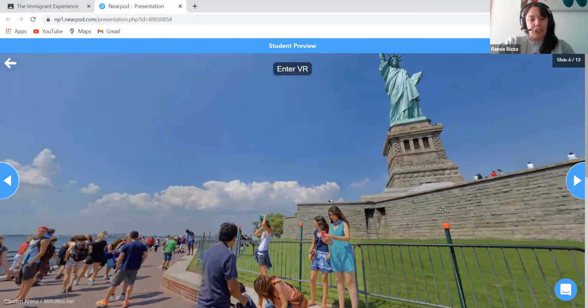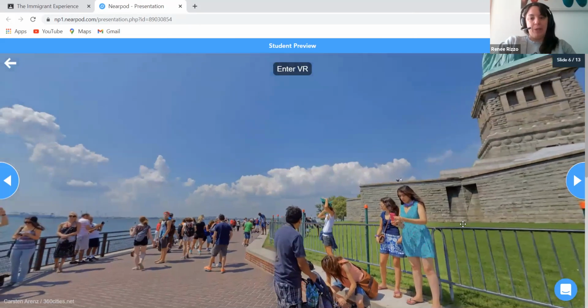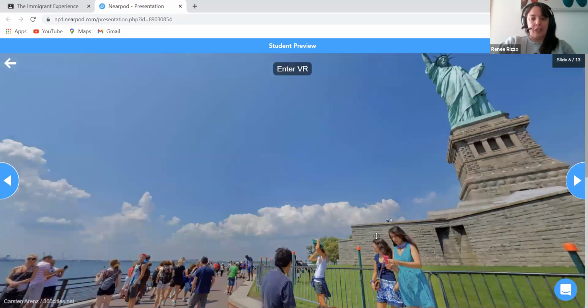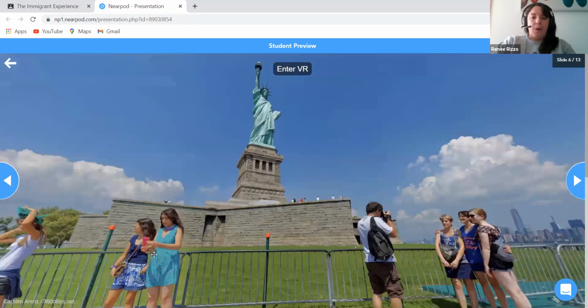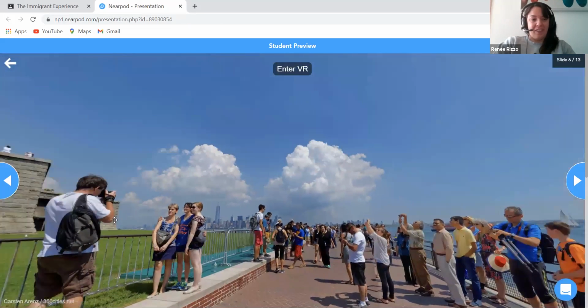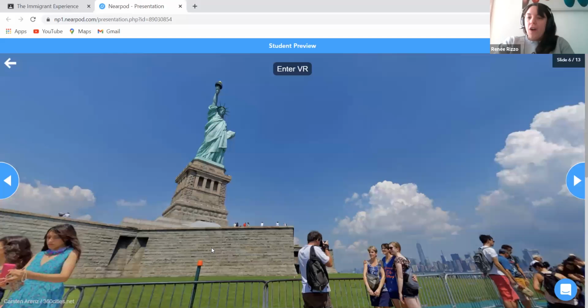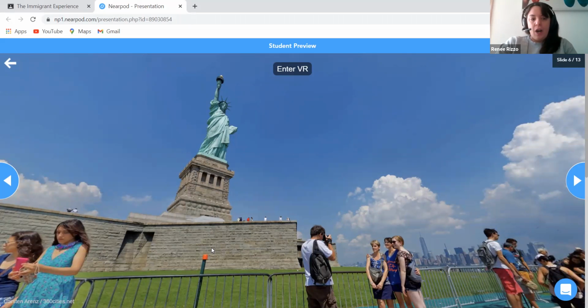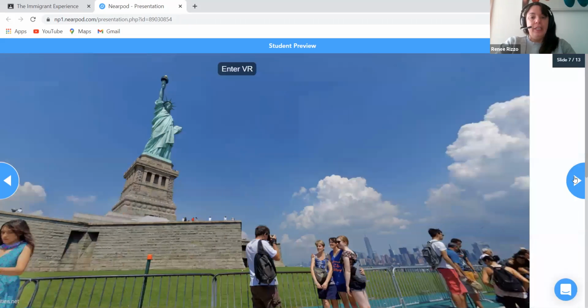They could see how large it is. They could see how people in the environment are reacting to it, what people are doing in front of it, that it's a major tourist attraction, obviously. And there are other locations and landmarks that virtual field trips are offered for in Nearpod. So that's a nice little feature to incorporate for both blended and remote learning.